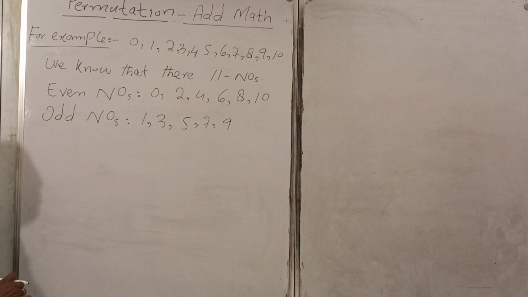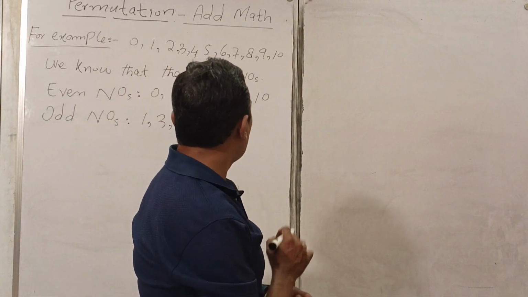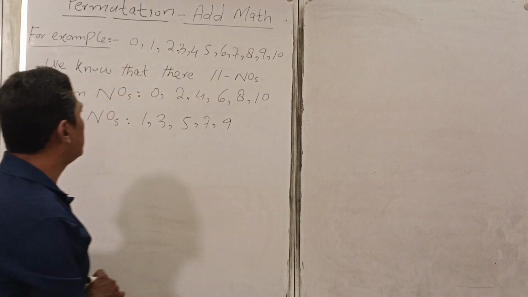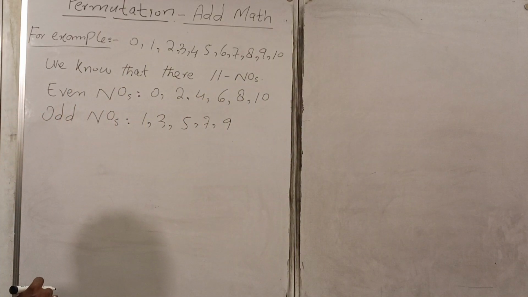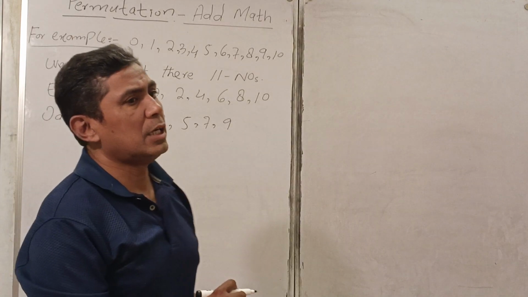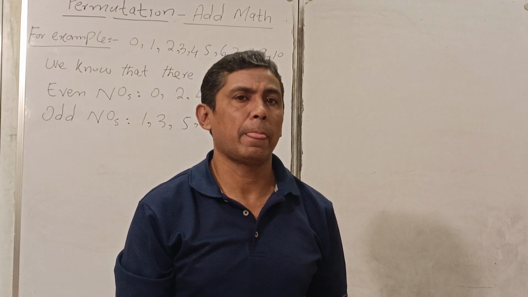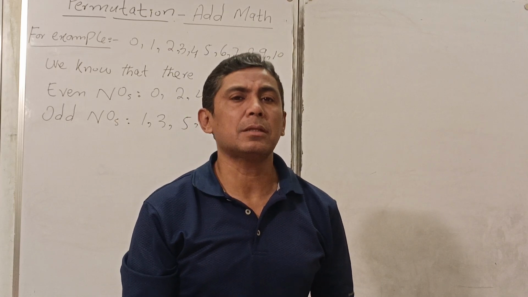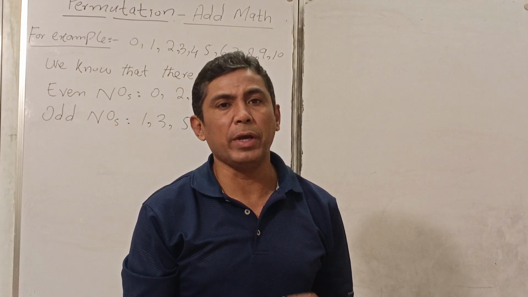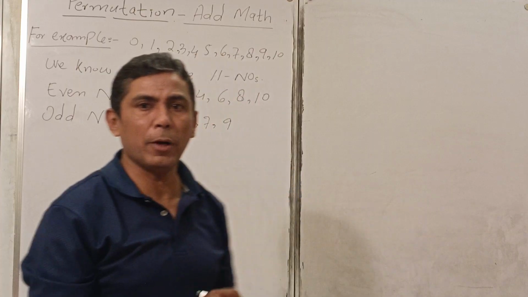If we ask you that the number should be divisible by 5, it means that the number should end with 0 or 5. You got my point?